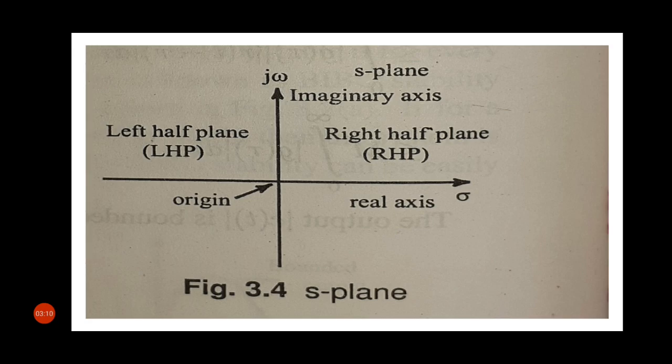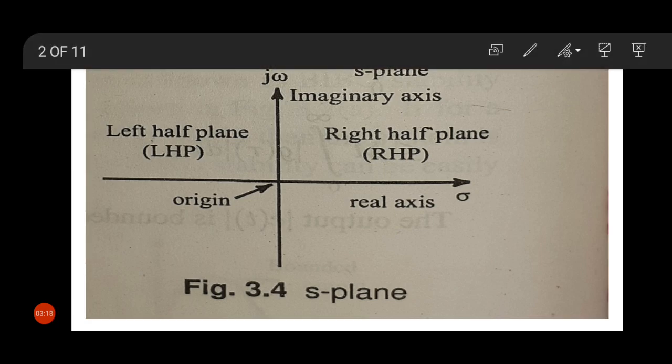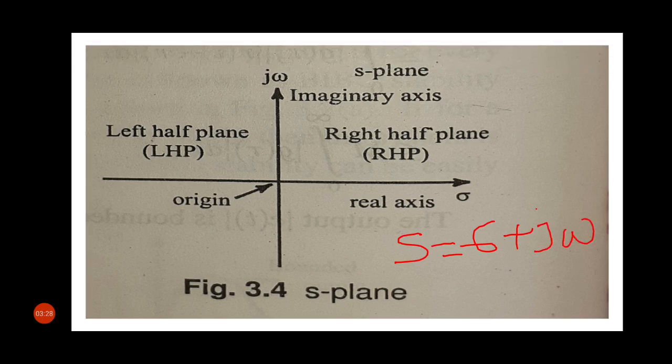We know that the variable s is a complex variable defined by s = sigma + j omega, where sigma is the real part of s and omega is the imaginary part of s.